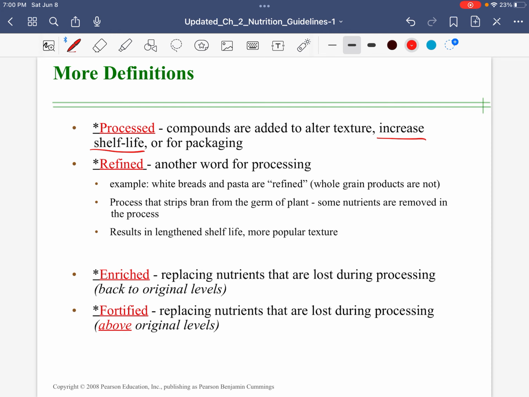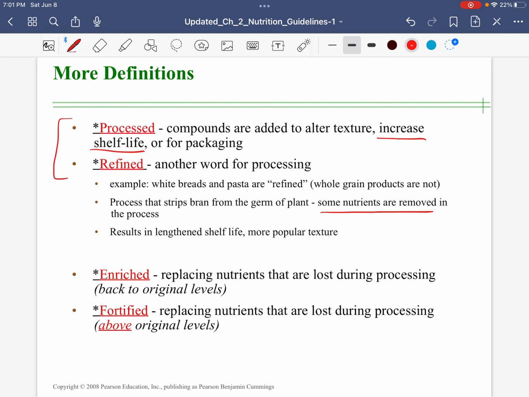Refined is just another word for processing. In particular, some nutrients are removed along the way. It's interesting because when you see refined, you might think, oh, that's good. A refined person has manners, blah, blah, blah. But in this case, it means processed, which is usually not good in terms of nutrients.